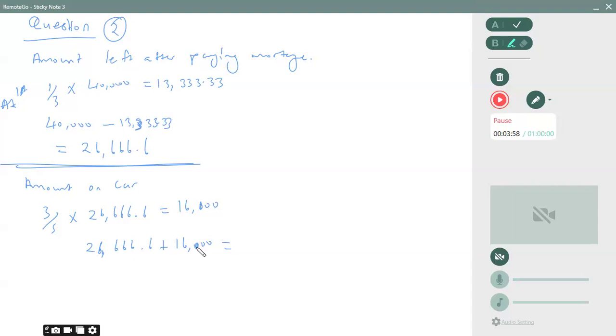Is there a good Samaritan having a calculator? I don't have mine. Plus 16. Yes, plus 16.